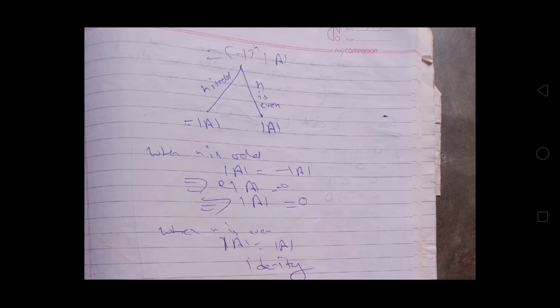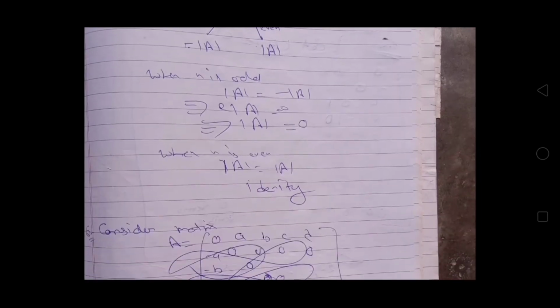It will be equal to minus of determinant of A if n is odd, and it will be equal to determinant of A if n is even, because minus 1 raised to the power n is equal to 1 if n is even, and minus 1 raised to the power n is equal to minus 1 if n is odd. So when n is odd, determinant of A is equal to minus of determinant of A, which further implies that 2 into determinant of A is equal to 0, and it implies that determinant of A is equal to 0.